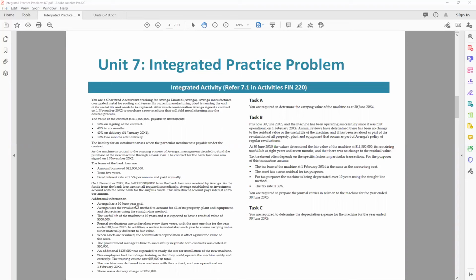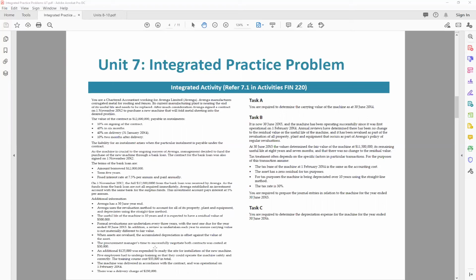We've got some additional information: a 30 June year end, a revaluation method to account for PP&E, a useful life of 10 years, a residual value of 500,000, and formal revaluations undertaken every 3 years. When the assets are revalued, accumulated depreciation is offset against the value of the asset.